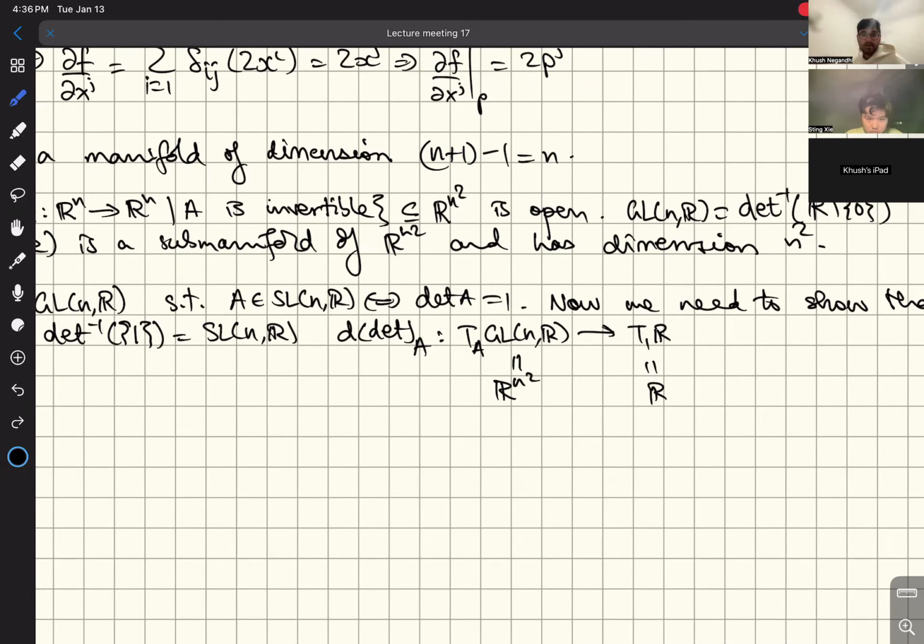If you've seen the problem sheets, I ask you to find the derivative of the determinant at the identity. If you've done that problem, you should know that the derivative of the determinant at the identity is just the trace. That's really cool.